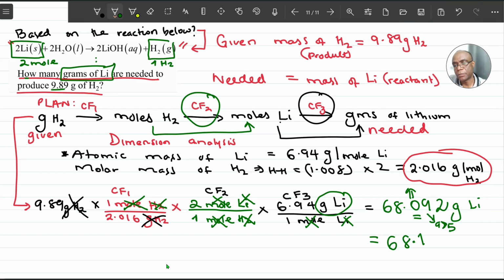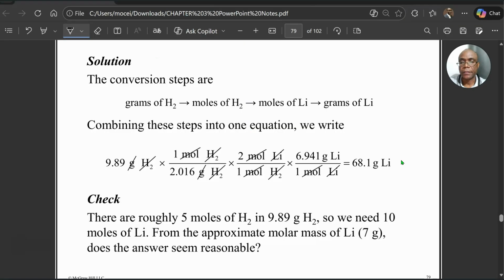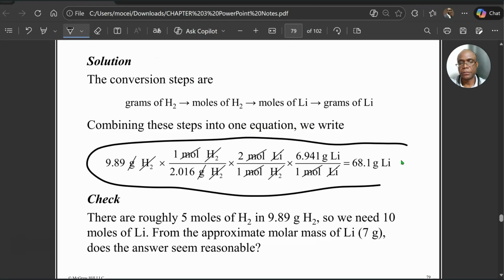So 68.1 grams of lithium will be needed as a reagent to produce the said 9.89 grams of hydrogen gas. And that is our answer, my friend. And yeah, so the setup we used is exactly what you're looking at here. Is the method of dimension analysis. We are correct.